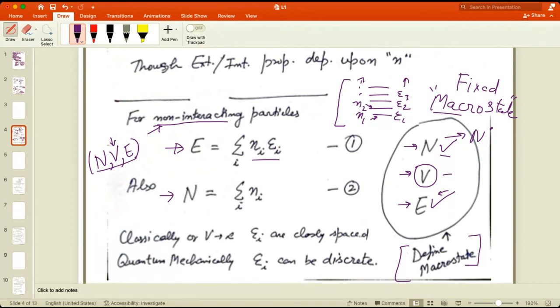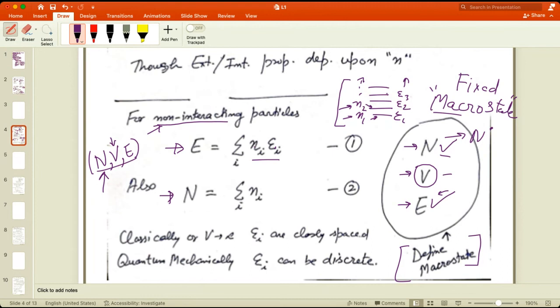Now, do you think that for this macrostate only one possible configuration of these particles in these energy levels will be there? No, there can be more.